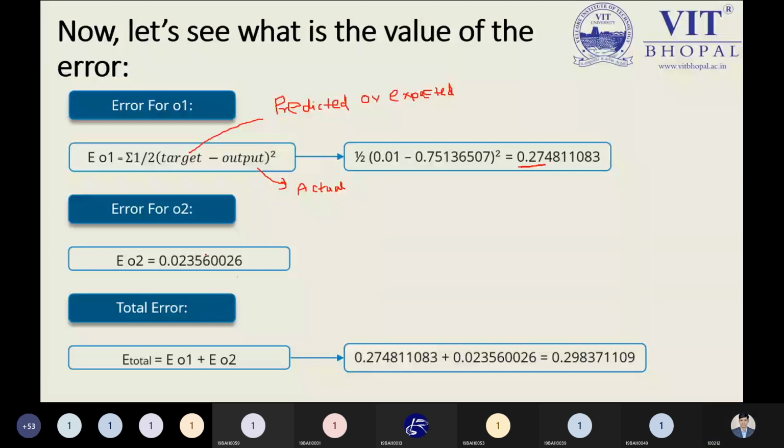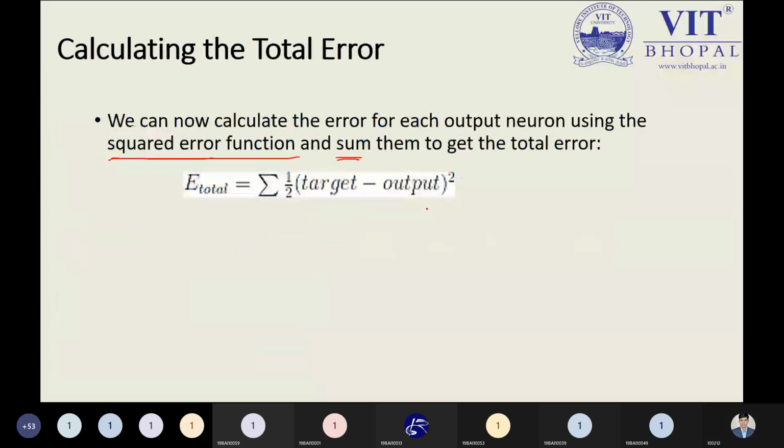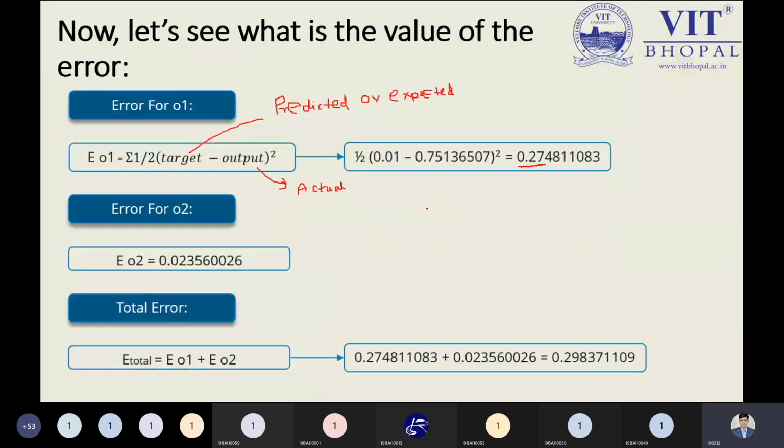Summation 1 by 2, target 0.99 minus 0.7729. Ultimately you put the values in and you will get 0.023560026. So that is the simple formula.